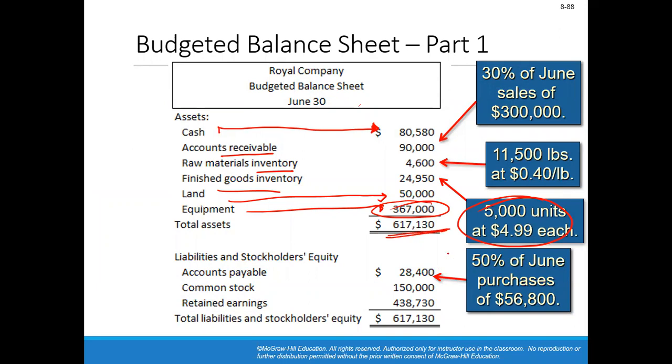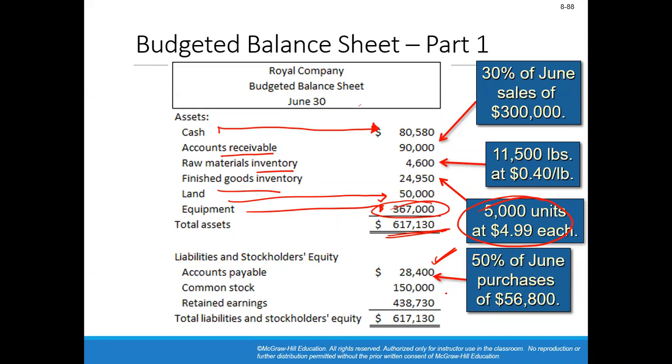And accounts payable is coming from our forecasted budget for the payment of purchases. You can recall that there was an ending balance for accounts payable, and common stock has been given here, and we need to come up with the retained earnings number.